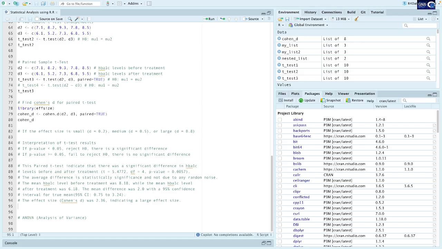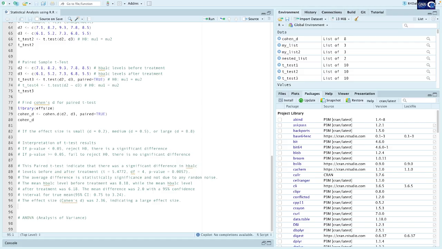When it comes to the ANOVA, one more thing is that the total variability in ANOVA is explained by two factors. We are comparing the between group variance and the within group variance.